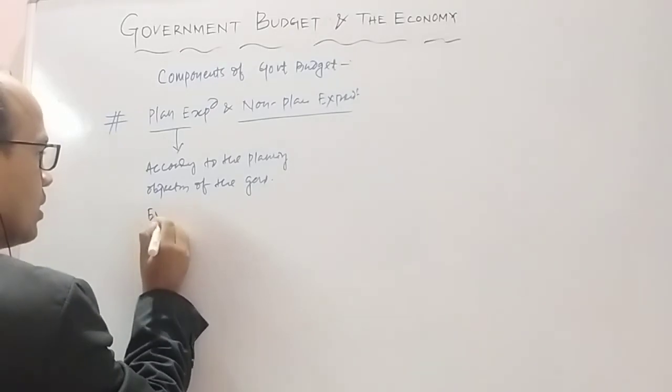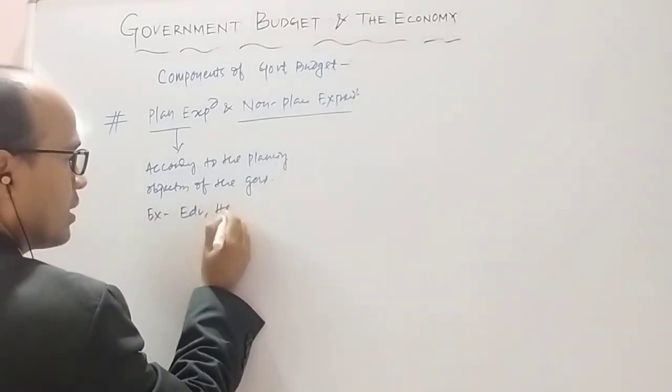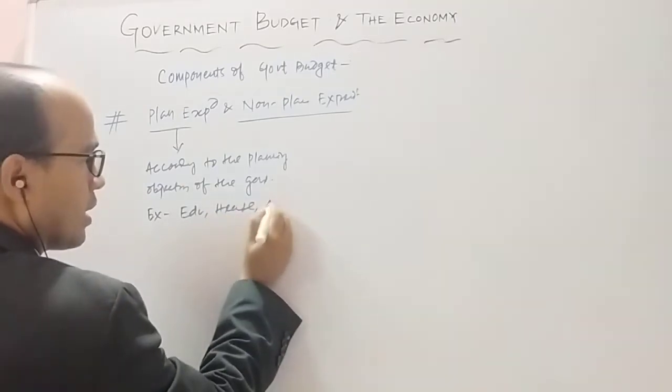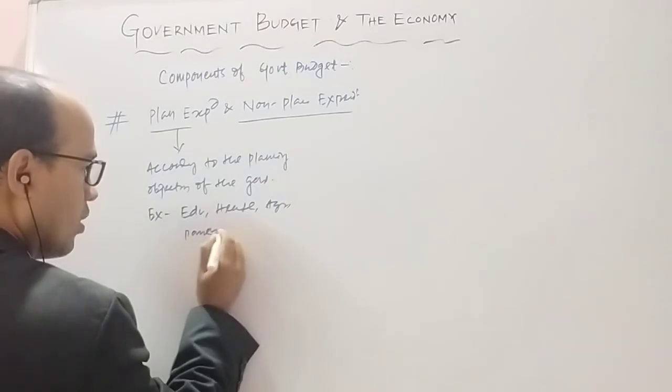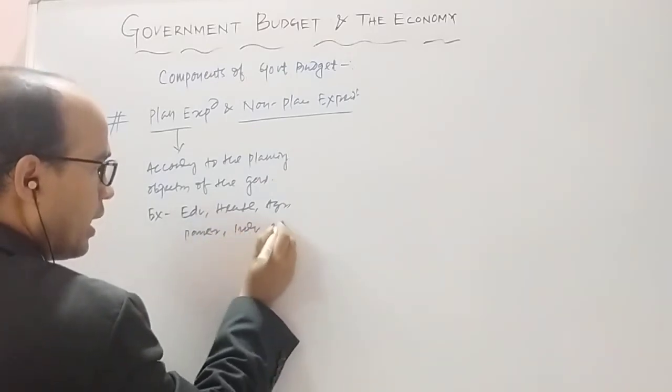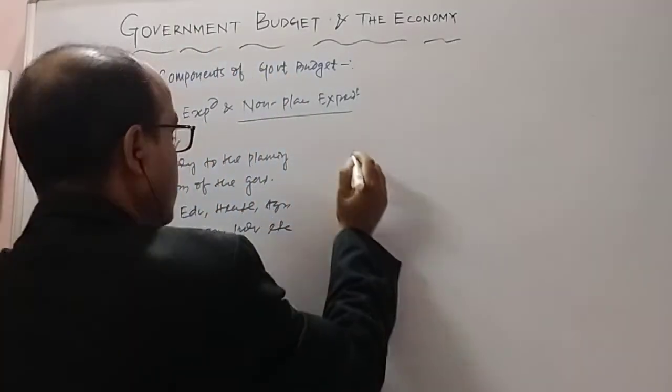For example, education, health, agriculture, power, industry, etc. That is known as plan expenditure. What is the non-plan?